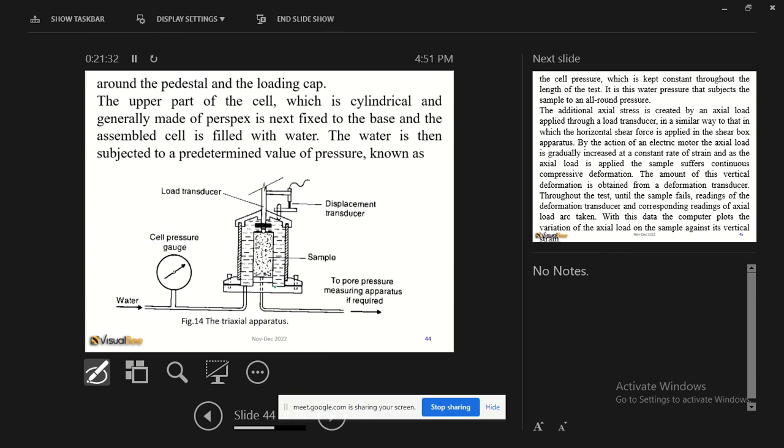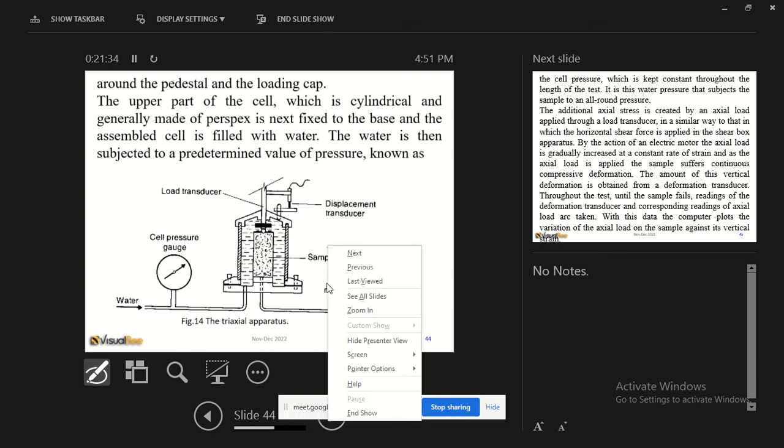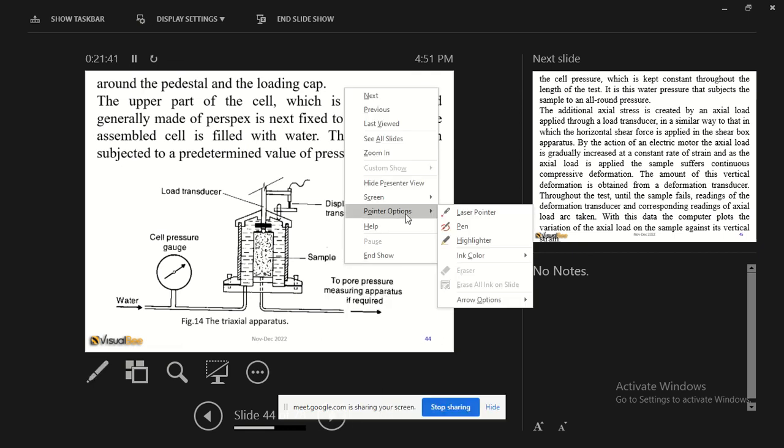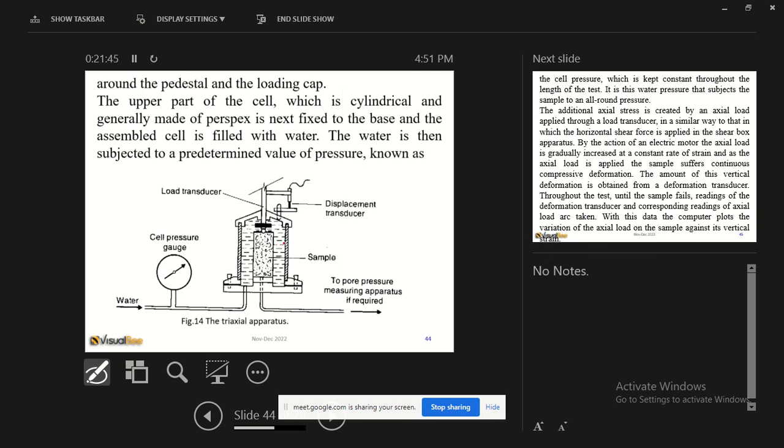Now that said, I'm going to say a couple of important things. One, this fluid here is applying an all-round pressure. So how does this test work? You apply an all-round pressure, because all this is connected to a cell, which you can measure how much pressure you're applying.